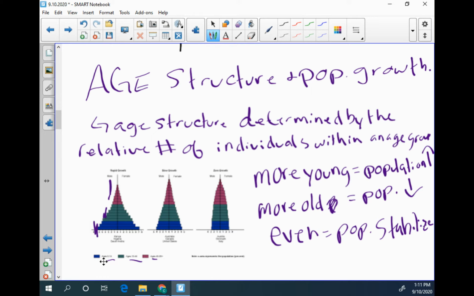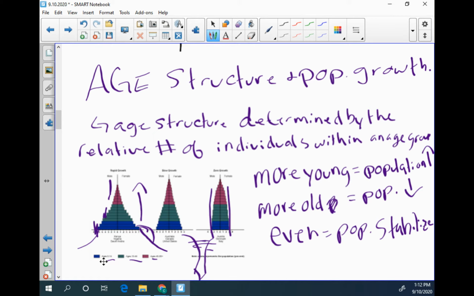So this population, if this were to move up, would essentially go outward like this, right? Because they would have more babies and more babies until it got really big. This one's about stable, but if it were like this, then these guys would all die off and this would eventually funnel in. That makes sense? Okay. That is age structure.